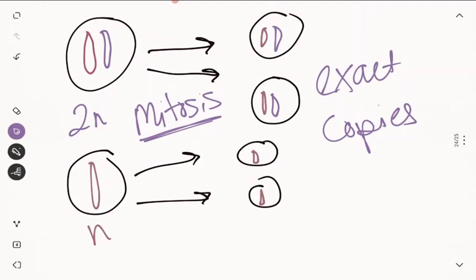But only diploid cells, only cells that have 2 copies of each chromosome, can go through meiosis. Okay? Because we can't reduce this chromosome number at all. Only diploid cells can go through meiosis, but all cells can go through mitosis.